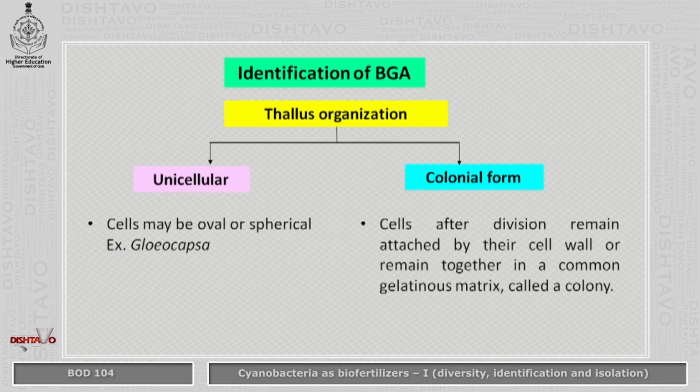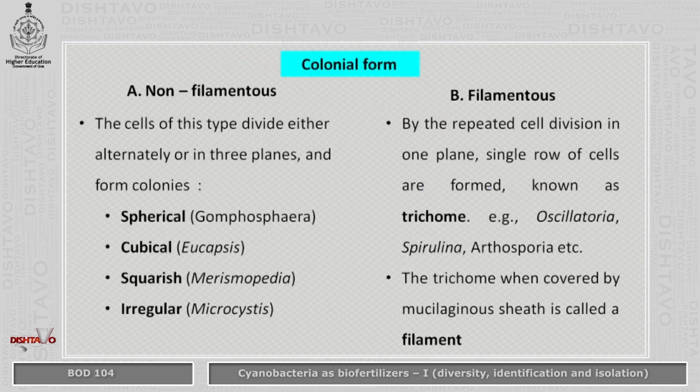Identification of blue-green algae can be done using thallus morphology, wherein we see unicellular forms which can be oval or spherical. We also see colonial forms, wherein the cells after division remain attached by their cell wall and are covered by a gelatinous matrix. The colonial forms can be non-filamentous or filamentous.